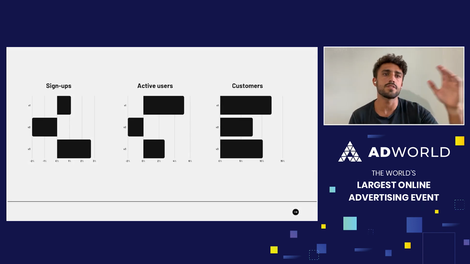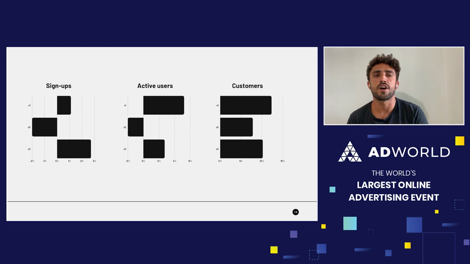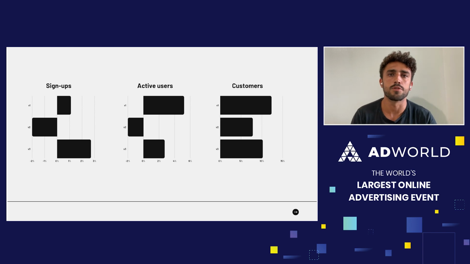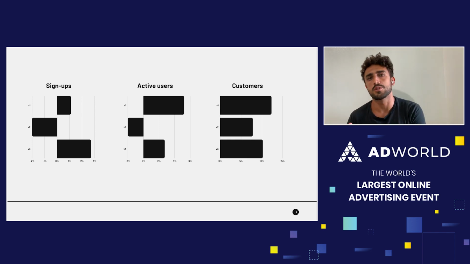So you can see, okay, this experiment that we launched is causing a 2.5% increase in signups, a 3.5% increase in active users, and it's increasing our number of customers by 12%. And that's the right way to define what we should double down on. Not really looking into graphs and correlating stuff based on things we did ad hoc.